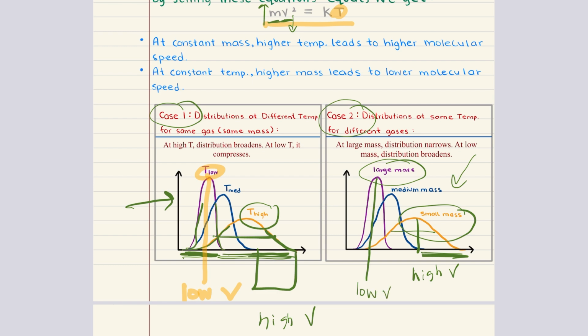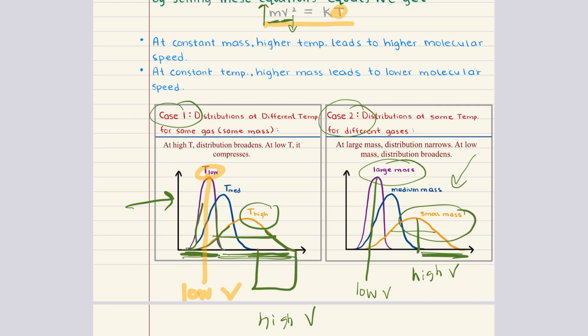So in summary, the takeaways here are that higher temperature results in faster molecular speeds and a broader distribution, and higher molecular mass results in slower molecular speeds and a narrower distribution.